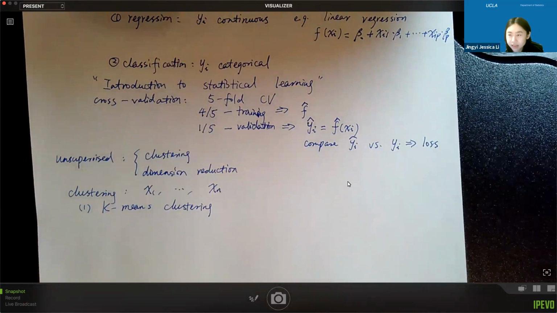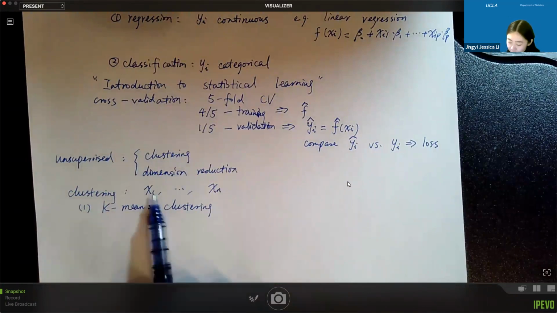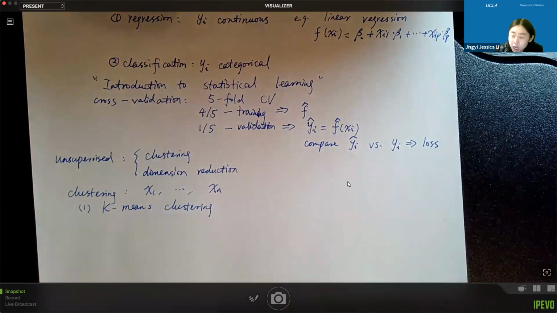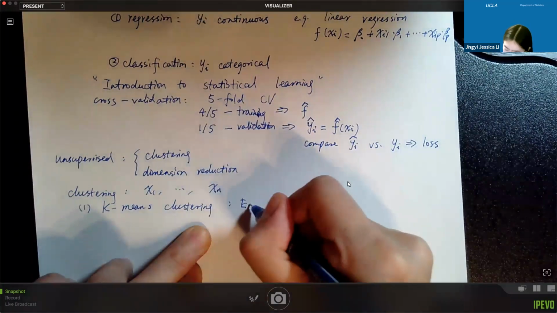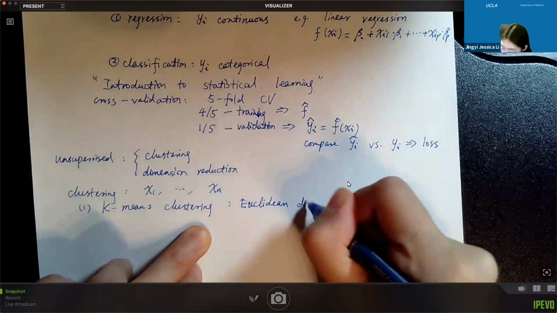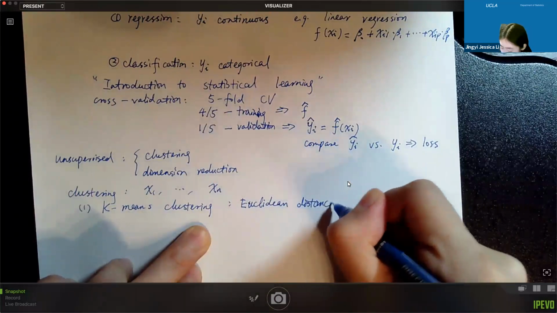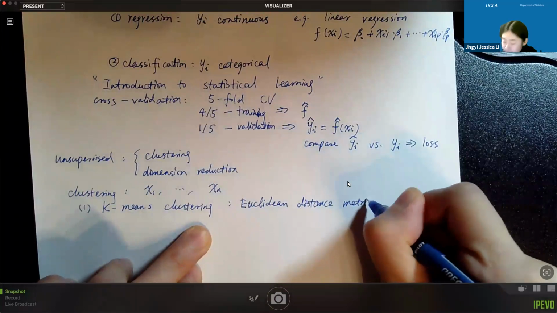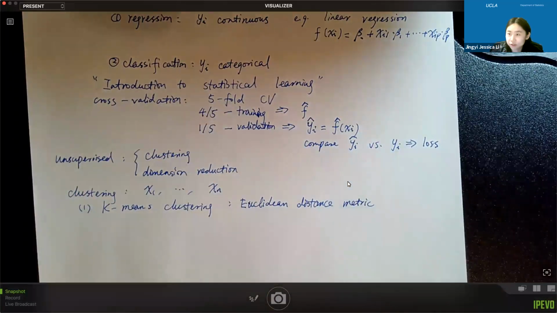So when is k-means clustering applicable? It is when you think a Euclidean distance is a reasonable distance metric for two data points. This is the distance we actually use in our real lives.